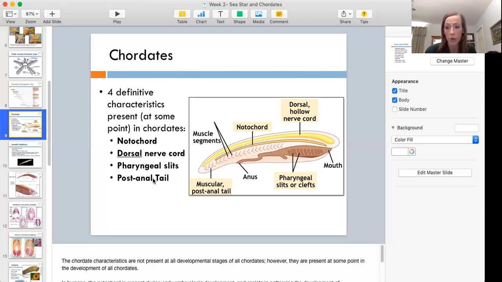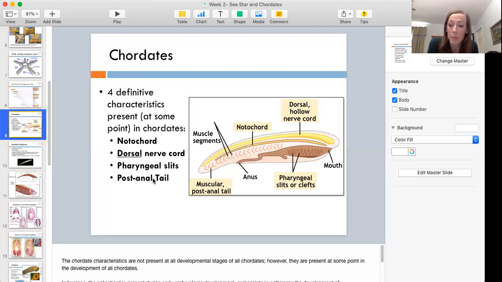Now, I should note that these 4 characteristics are not necessarily present at all different stages of the organism's life. Some of them are only present during embryonic development. Okay, so for example, currently I do not have a tail, but yet we are all in this group chordates, right?